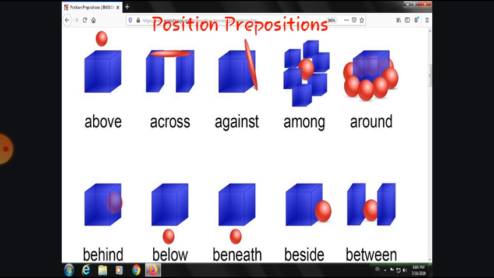Again one more example, the sun is over the city at noon. This is the example.